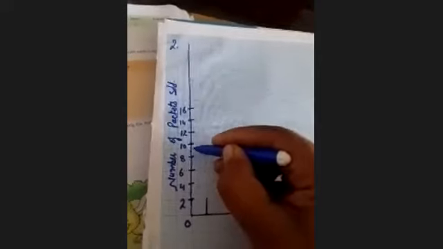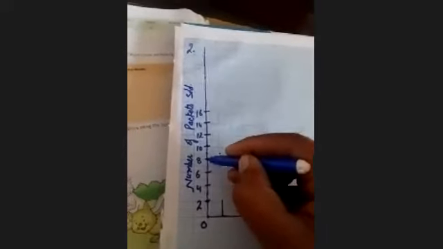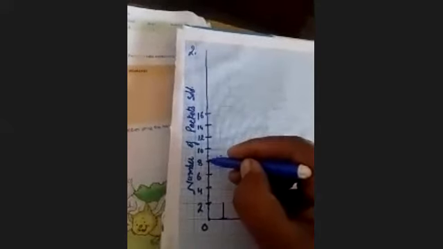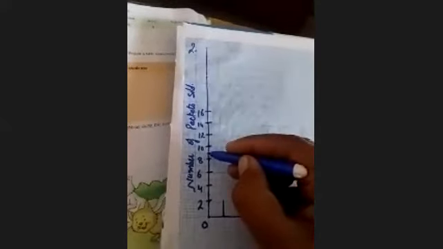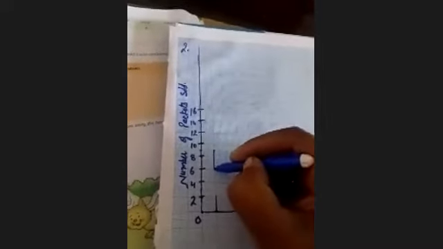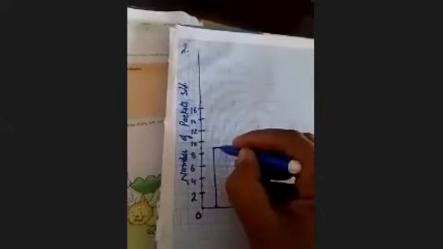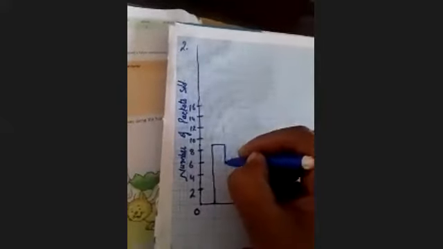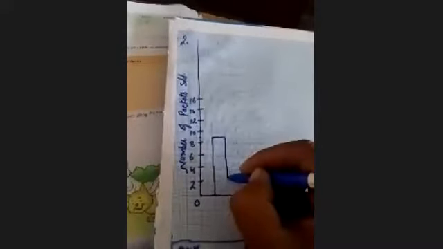This point is 9. So draw a bar. Day is Monday.